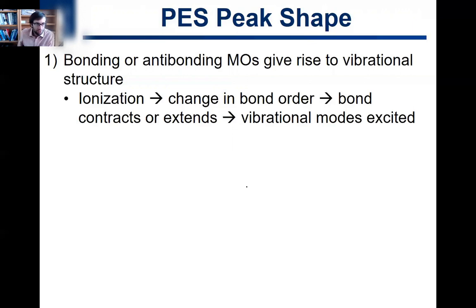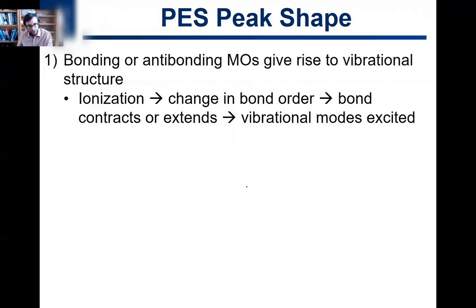So it'll go up from 2 to 2.5. Either way, you're going to get a bond length change, right? If the bond order goes up, when you remove an anti-bonding electron, you're going to get the bond contracting, the bond got stronger.